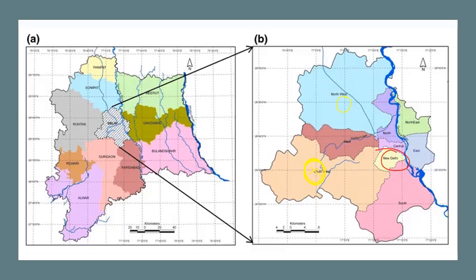If a person is staying over here and another person is here, he can easily find the distance between these two points with the help of the Cartesian plane. If you know the longitude and latitude, it is easy to find out. With the help of the formula, that is y1 minus y2 the whole square plus x2 minus x1 the whole square under root, that is the best method to find the distance between A and B.